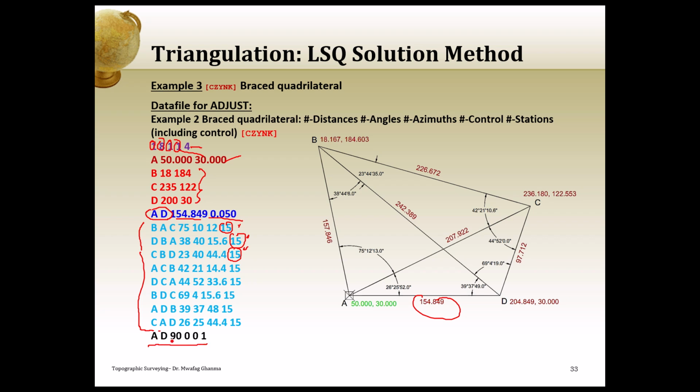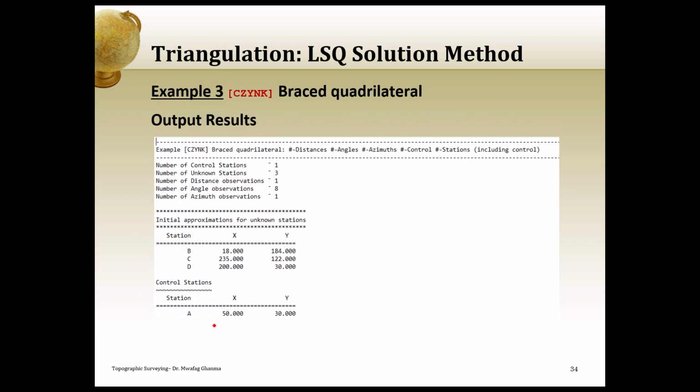At the end, this is the azimuth from A to D, which is 90 degrees, 0 minutes, 0 seconds, plus or minus 1 second. We plug in this data file, give it to the adjust program, and this is the result that we will get.